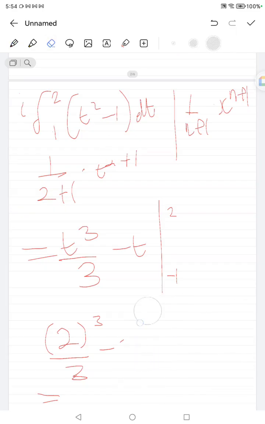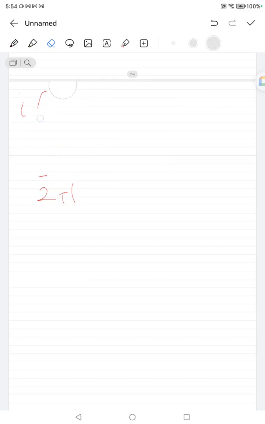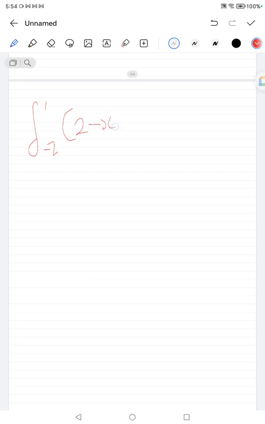Then the second one, what did they say? They had something like this: between 1 and minus 2, you have 2 minus x, raised to 1 over 3, then dx.